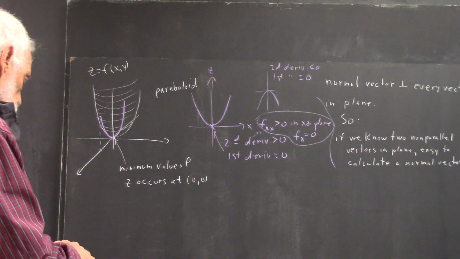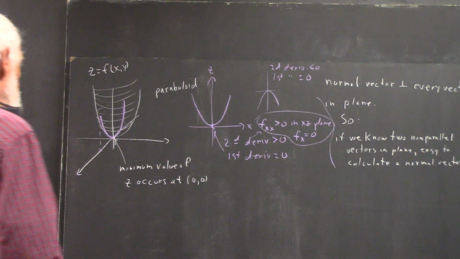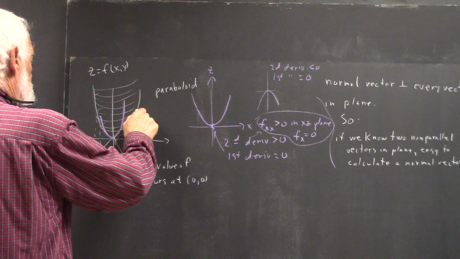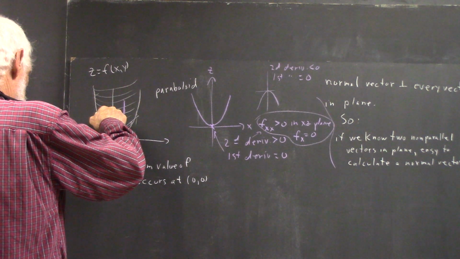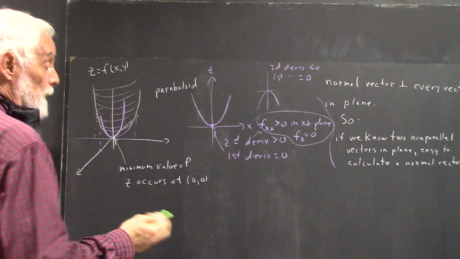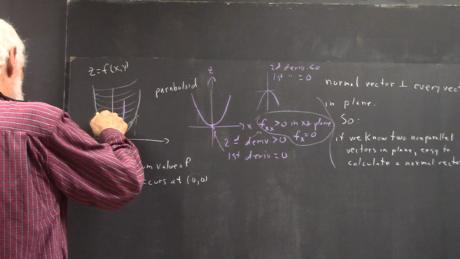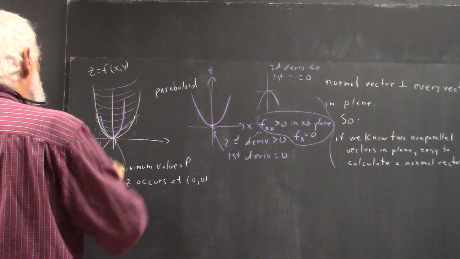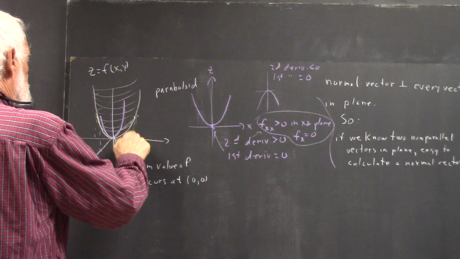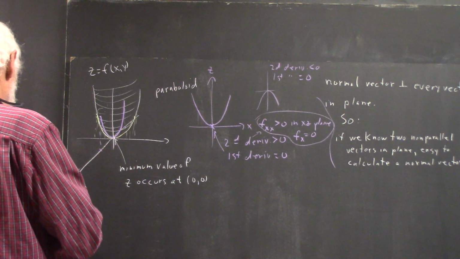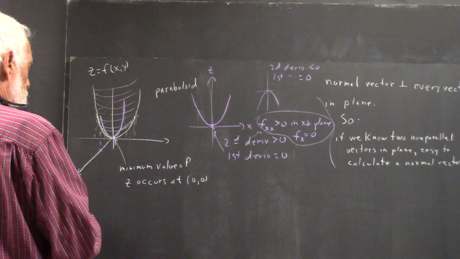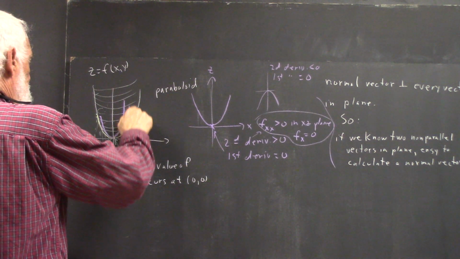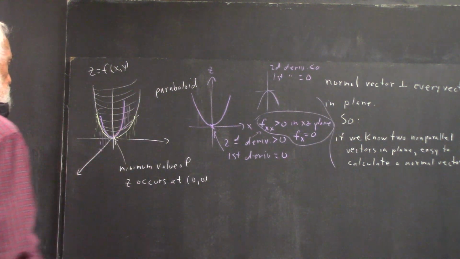Well, we can do the same thing in the xy plane. We have a parabola here. Okay, so that parabola, I'm sorry, it's the xy plane, the yz plane. That parabola kind of looks like this. So this parabola is in this plane. This parabola is in the xz plane.